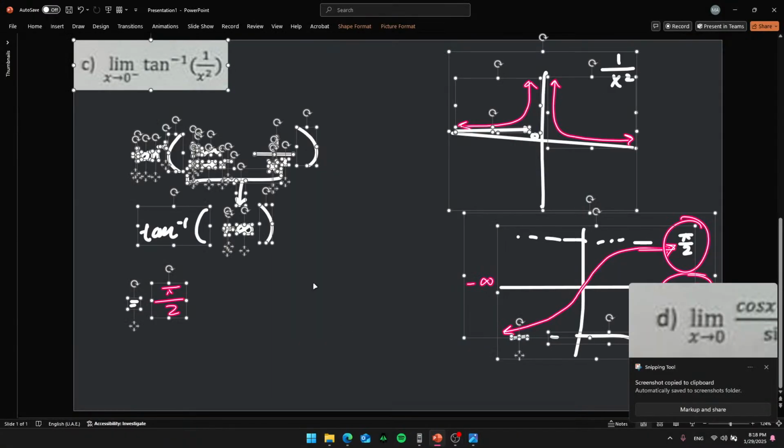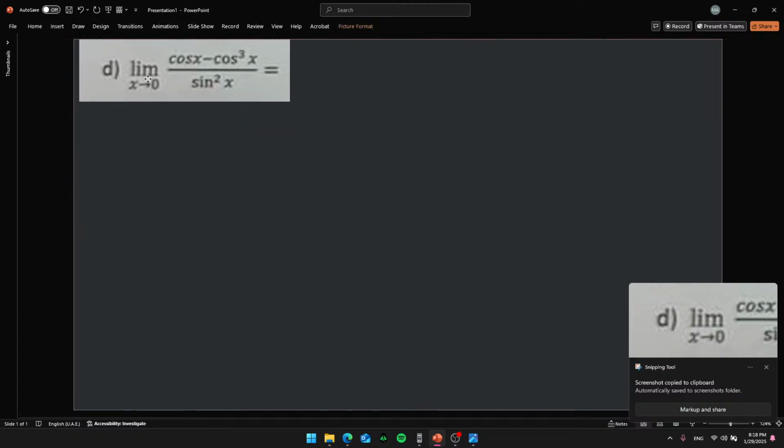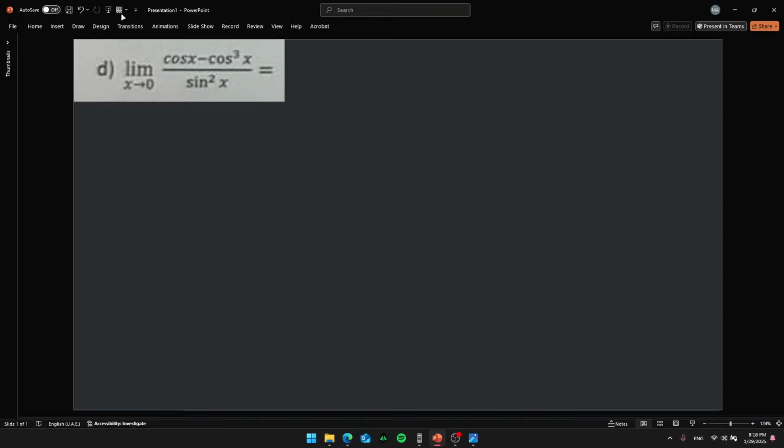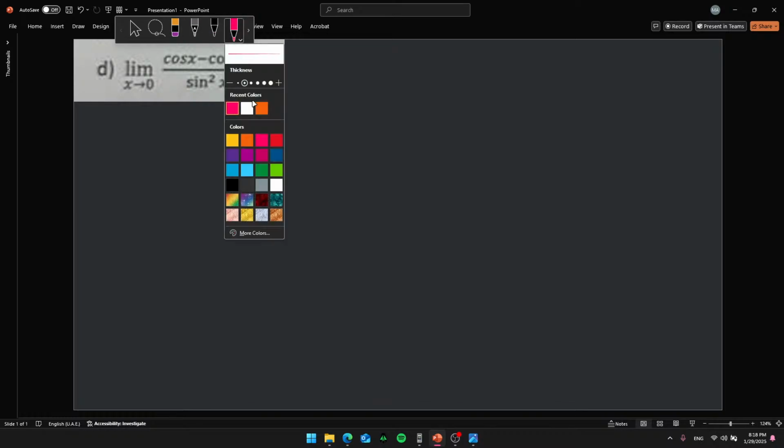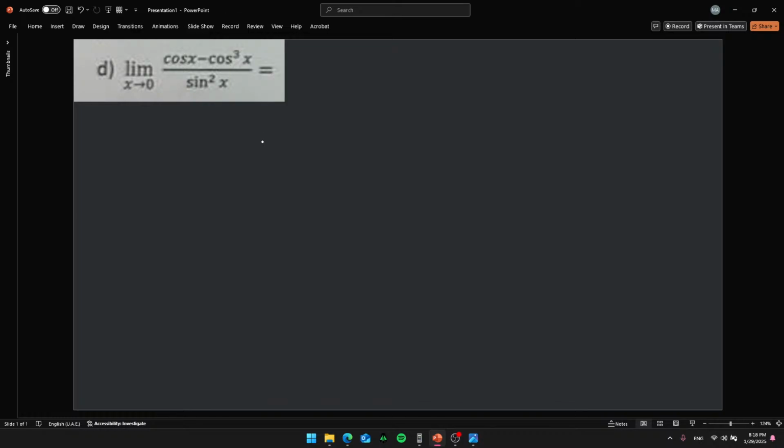Let's see this question. Limit as x approaches 0. Let's take cosine x as a common factor.